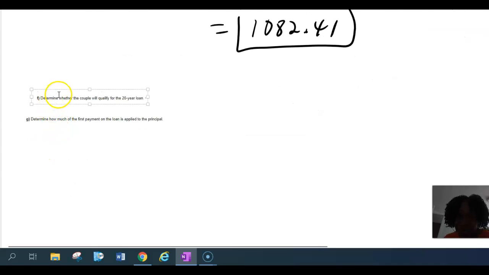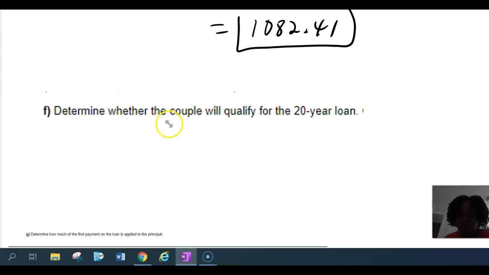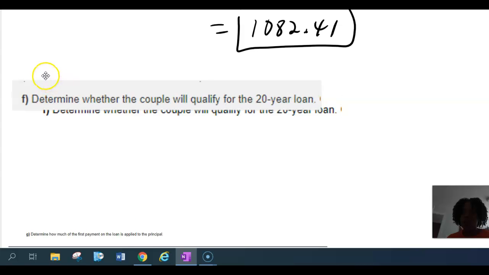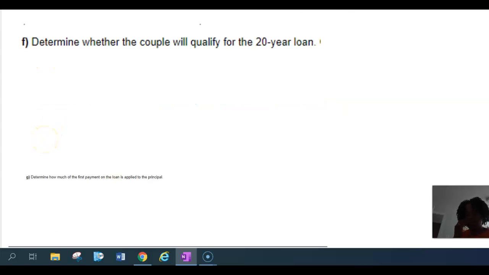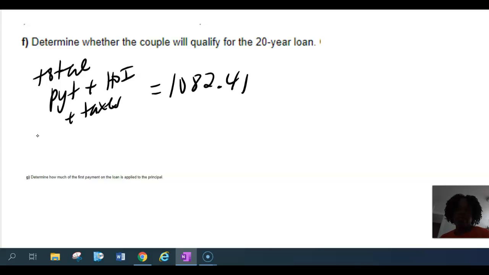Almost done. Part F, we want to figure out whether or not this couple is going to qualify for their 20-year loan. And they'll qualify if their total, including the taxes and everything, is less than 28% of their adjusted gross income. And so the total payment plus the insurance and taxes is $1,082.41.